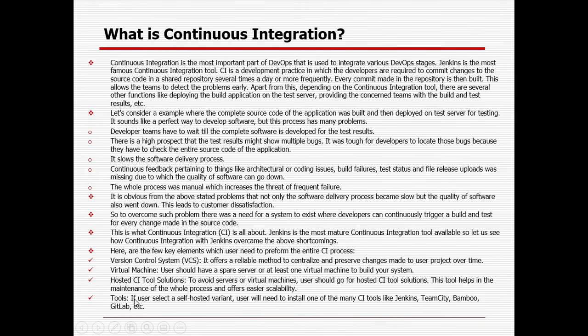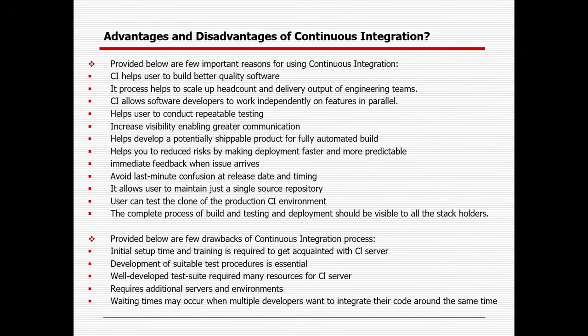If users select a hosted variant, they will need to install one of the CI tools, which can be Jenkins, TeamCity, Bamboo, or GitLab. So apart from Jenkins, these are the three important tools. TeamCity, Bamboo, and GitLab are also used in the market for continuous integration and continuous delivery as part of DevOps tooling.